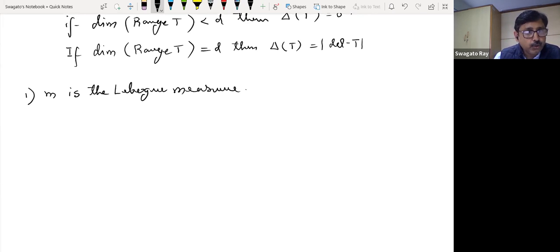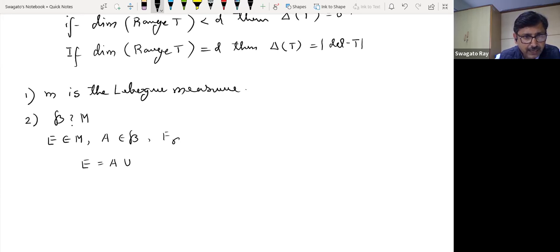One question one usually has is, what is the comparison between the Borel sigma algebra B and the Lebesgue sigma algebra M? The comparison is the following: if E is in M, then there is an F sigma set, which is a Borel set, such that E is A union another set F, where the measure of F is 0.